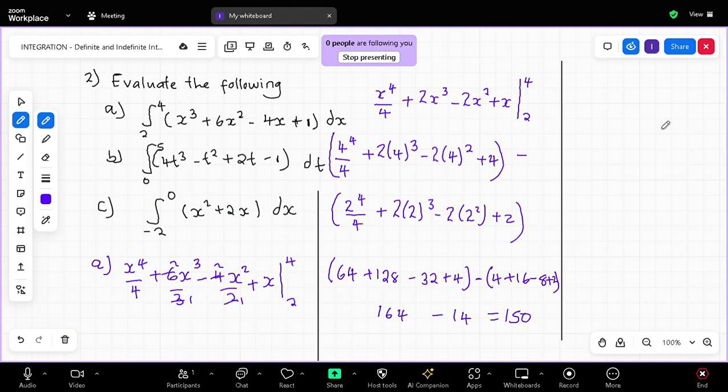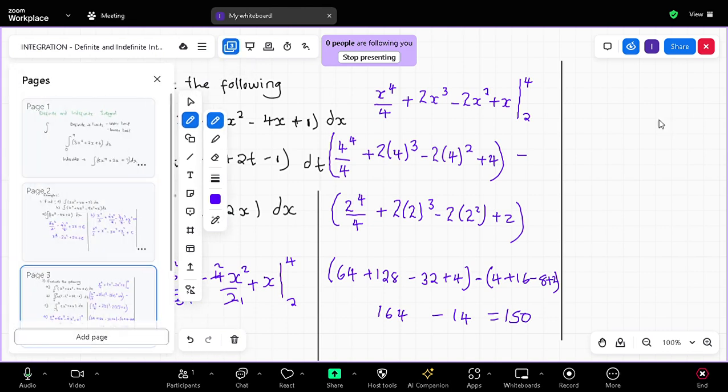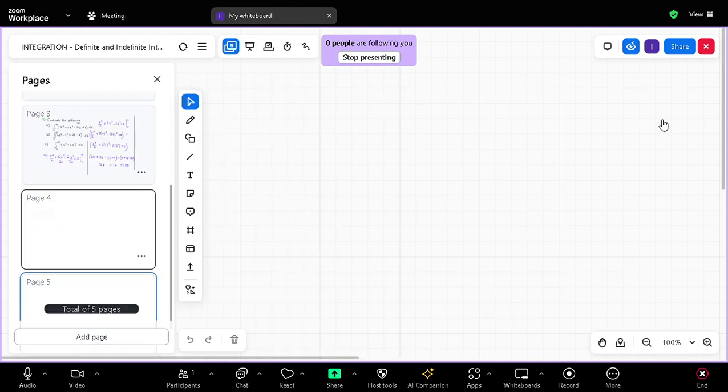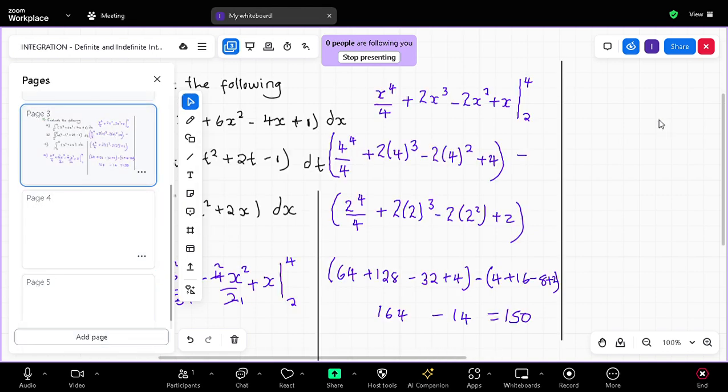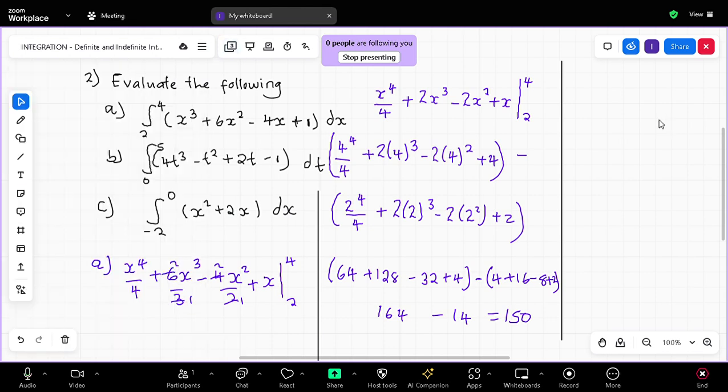Part B, we got 4t cubed minus t squared plus 2t minus 1. So again, we are going to substitute. So we got 4t cubed minus t squared plus 2t plus 1 minus 1.